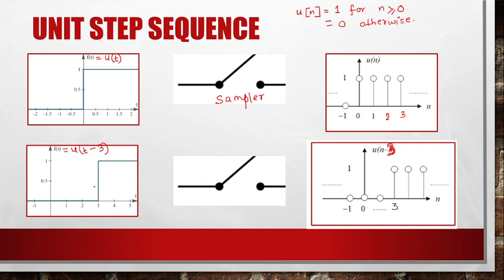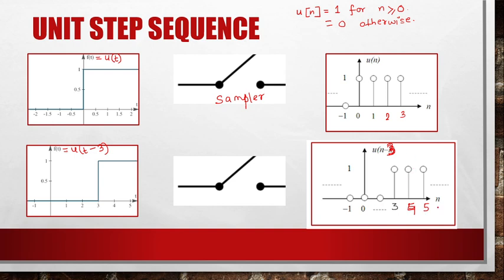The sampling will start from 3, and if the sampler has a unit time duration, then it will be 4, then it will be 5. In this way it will go.